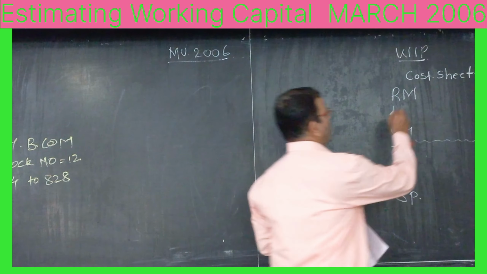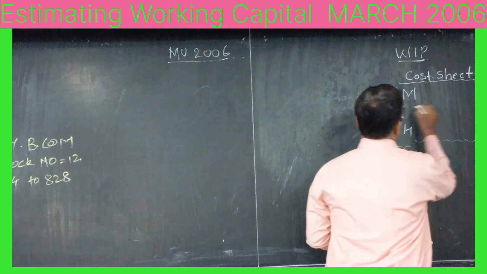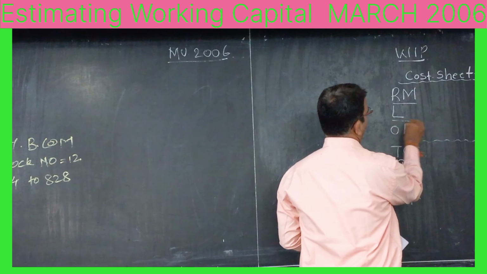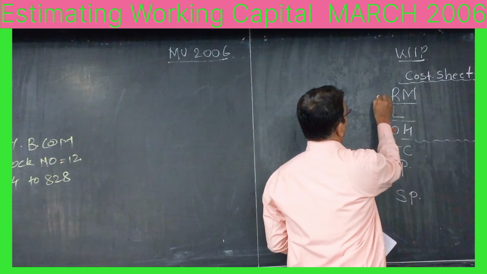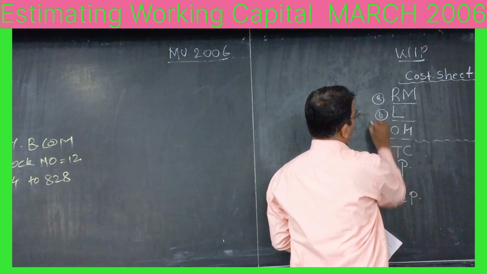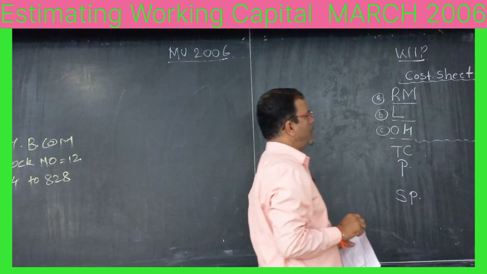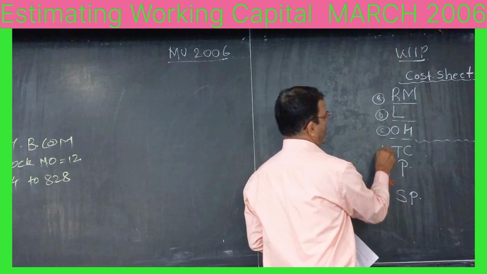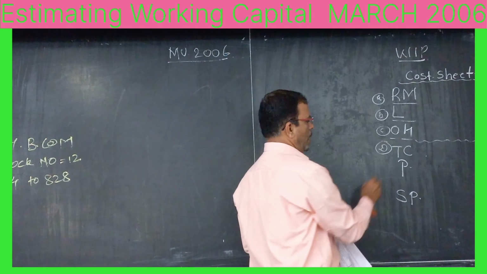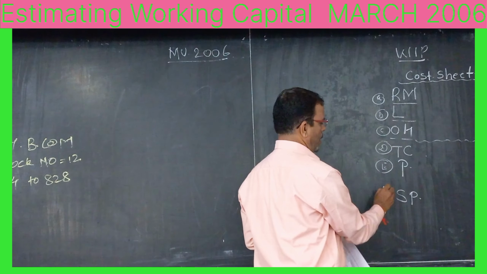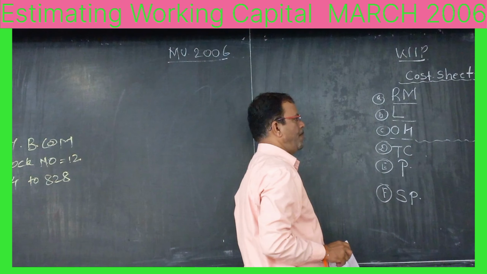Now what is the format of the cost sheet? First, raw material, second, labor, third, overhead. So A, B and C. A plus B plus C gives the total cost D, then E for profit and F for selling price.